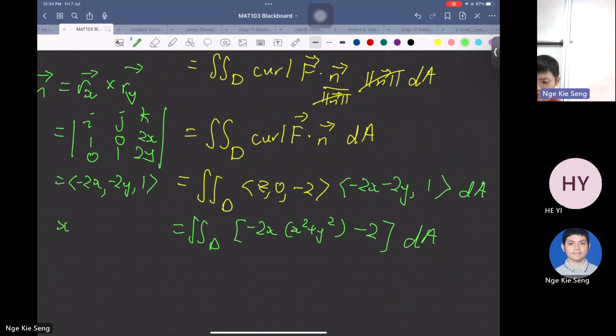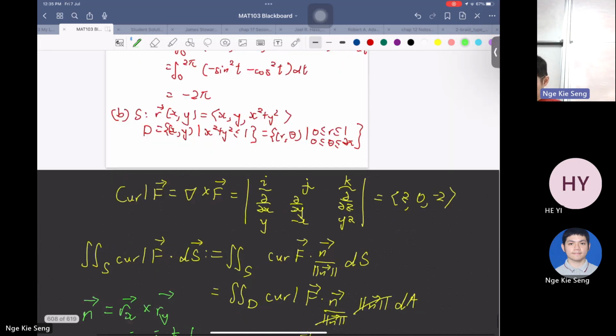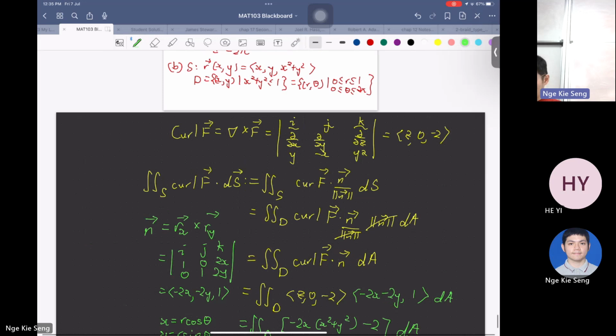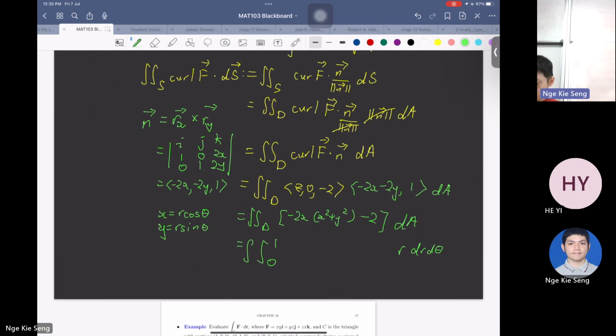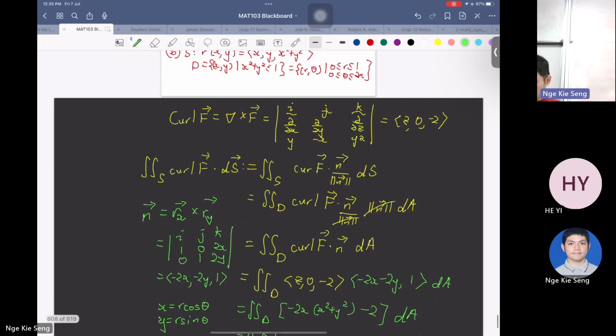When we do polar coordinates, we apply the change of variables x equals r cos theta and y equals r sin theta. When we introduce dr d theta, we need the Jacobian factor r. So we have r dr d theta, and then we integrate over the domain. What's our domain? It's a polar rectangle: radius from 0 to 1, theta from 0 to 2 pi.